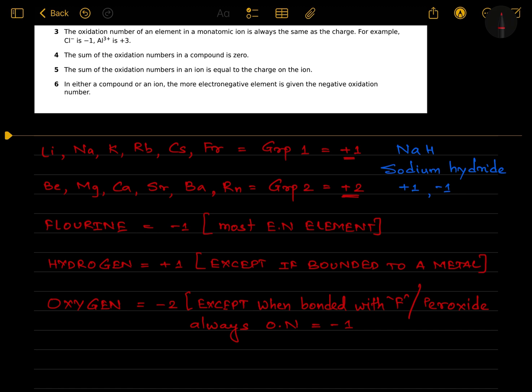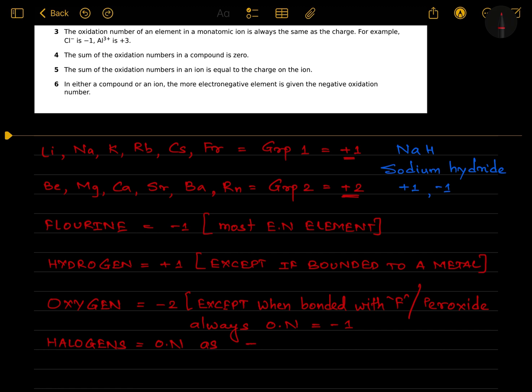Similarly, if I talk about the oxidation number of other elements like halogens, chlorine, fluorine, iodine, bromine, all of them belong to the same group, they would have the oxidation number as -1. So the next point that we can write over here: halogens have the oxidation number of +1.